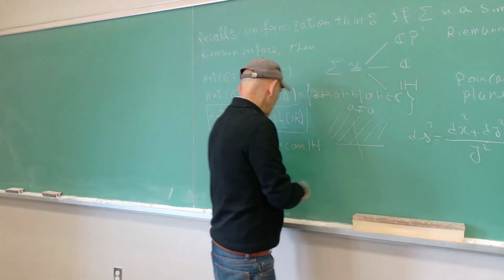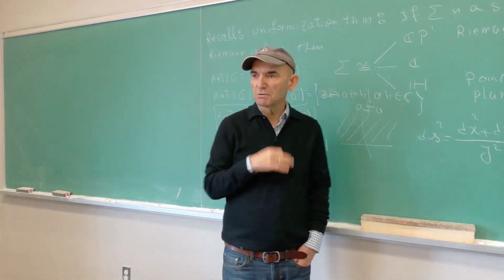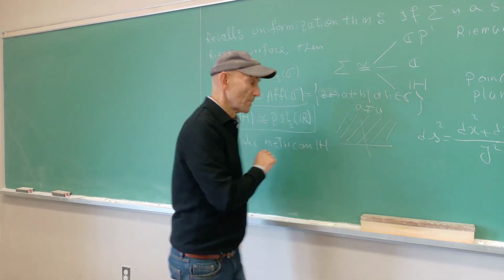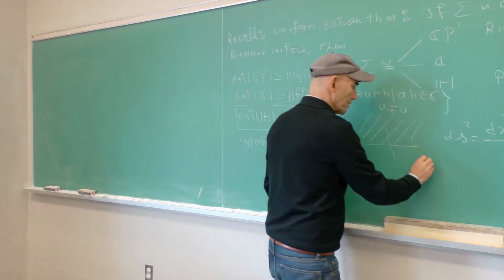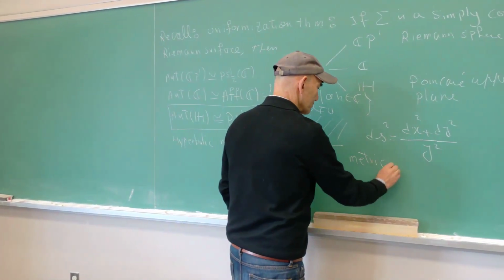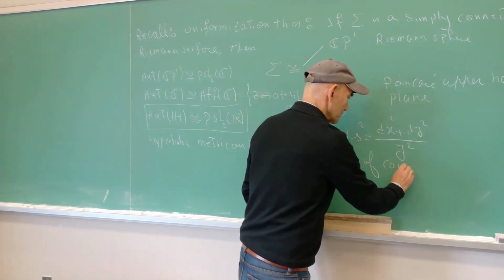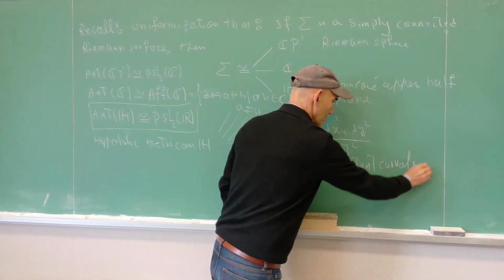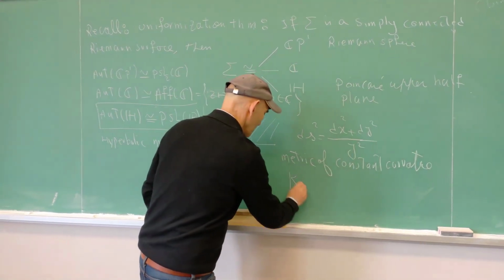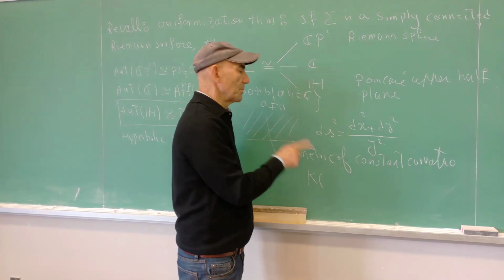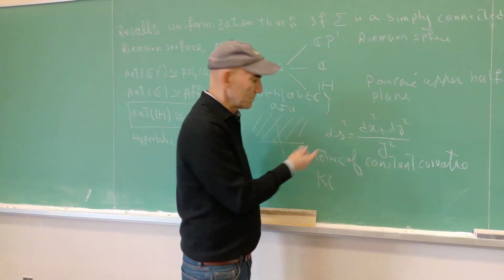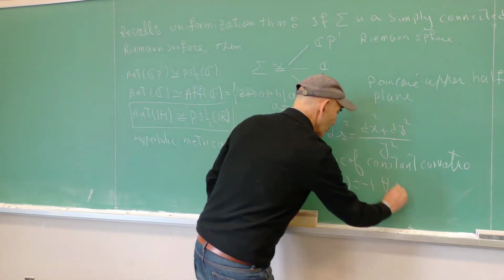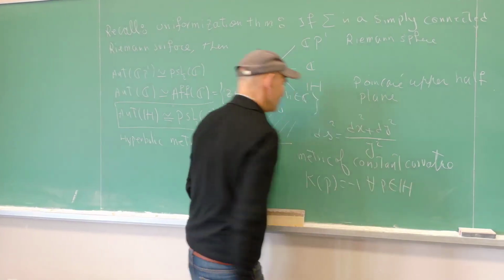In fact, you can check using very simple Riemannian geometry that it has constant curvature -1. By curvature, I mean Gaussian curvature, which is the only curvature that makes sense in this case: K(p) equals -1 for all p belonging to H.